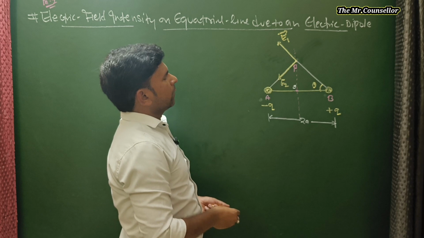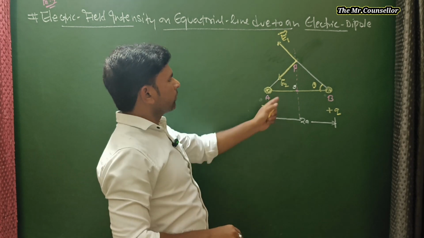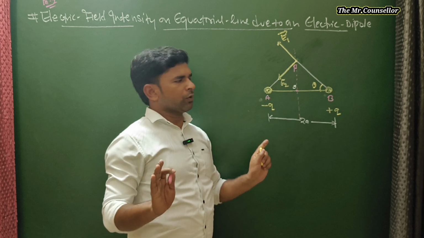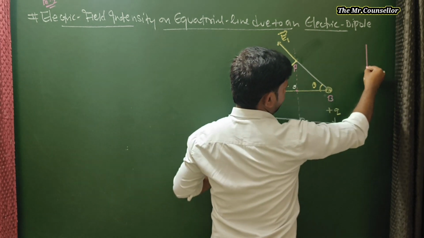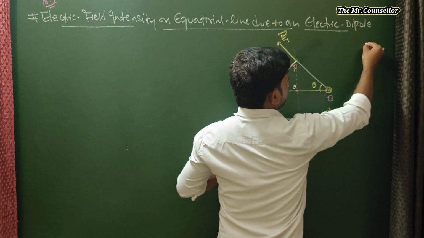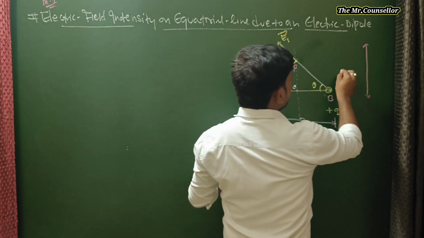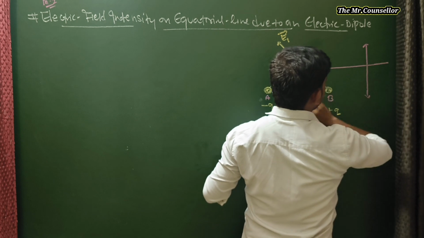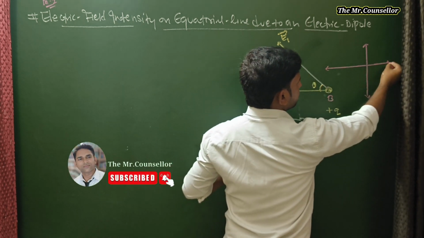So you are going to find the resultant electric field. For a better explanation, you can see here. See, this is a vertical component, and this is a horizontal component, yes or no?